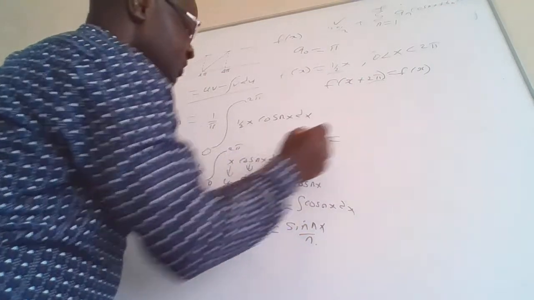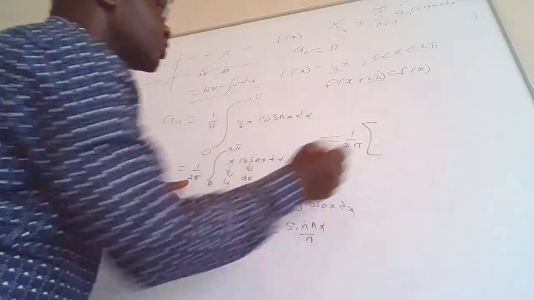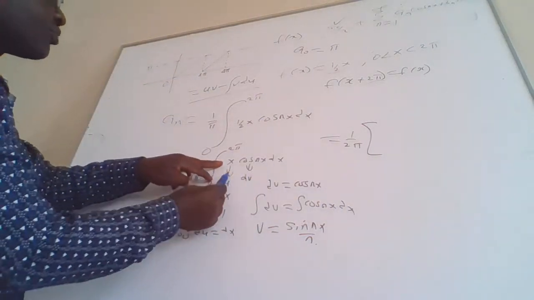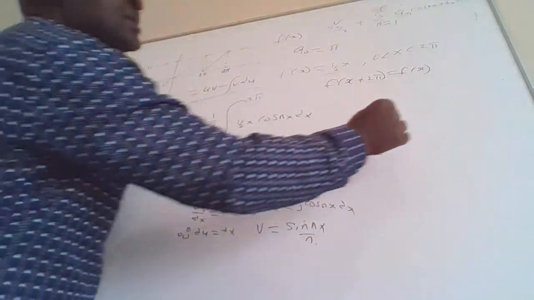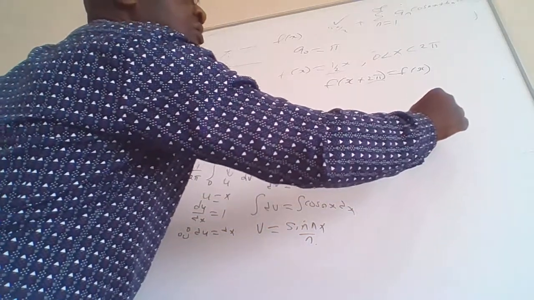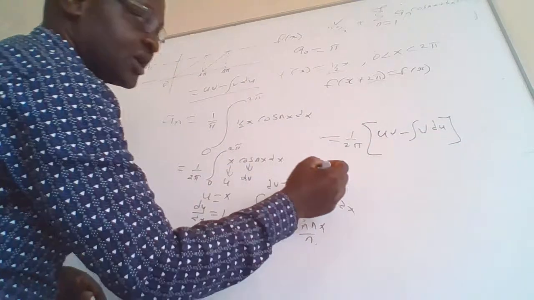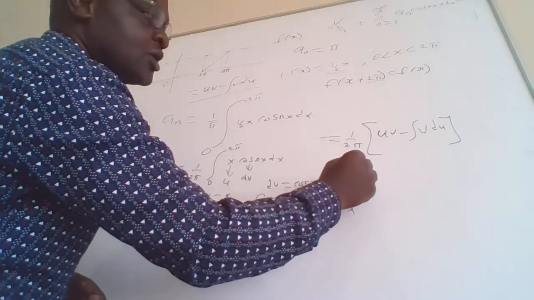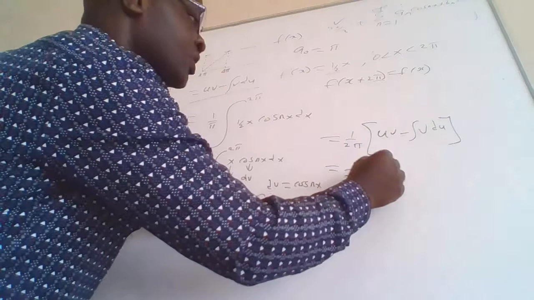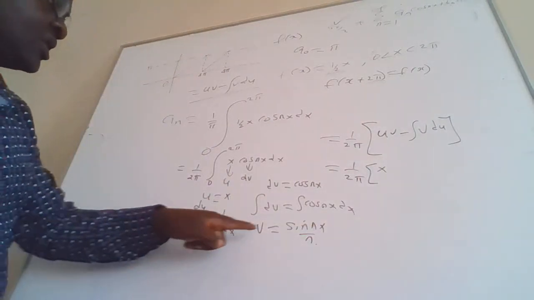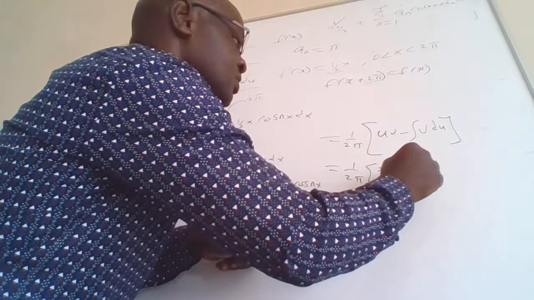Now, we come back here and say that this is 1 over 2 pi into, we now apply the integration by parts, which is uv minus the integral of v du. Now substitute in this formula. So this equals 1 over 2 pi into, our u here is x, our v is sin nx over n.